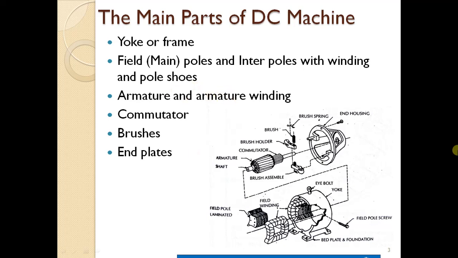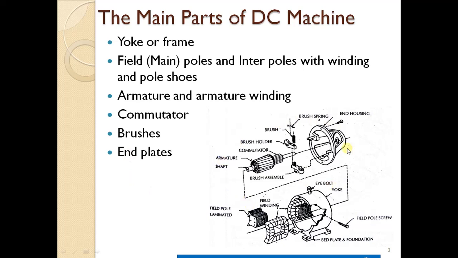And lastly we have a commutator. It collects the current from all the armature windings in case of a generator, and then the brushes collect from the commutator, and then the end plates.